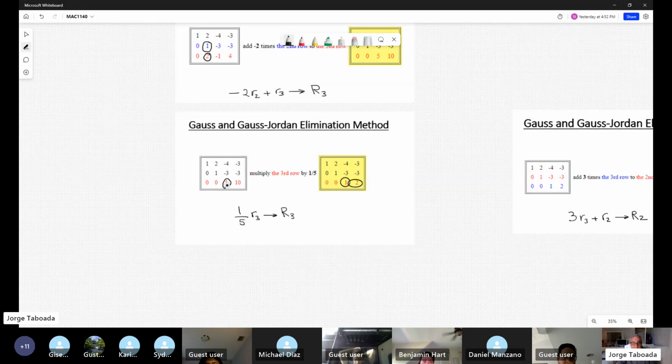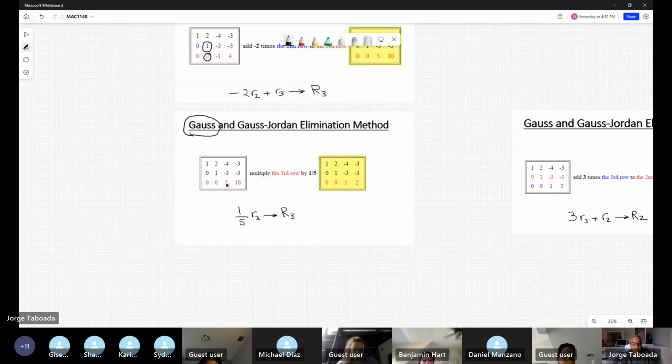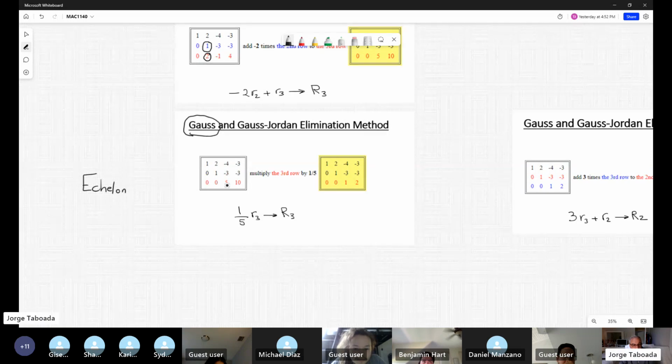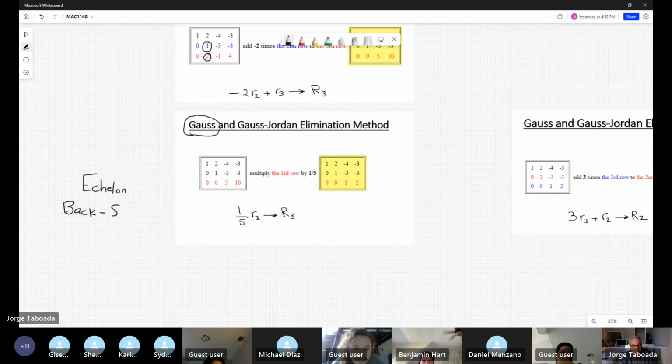Okay, entonces en this moment, I finish the Gauss part. Y I have echelon matrix. And you can solve it using back substitution. Okay, suppose que you see in this moment que Z is 2.